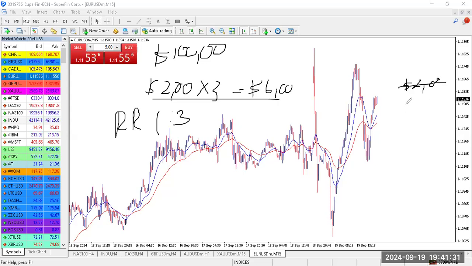Second trade, you lose the $2. Last trade, you turn your $2 into $6, because your risk reward ratio is always 3. 2 for 6. Sorry, the writing is bad.